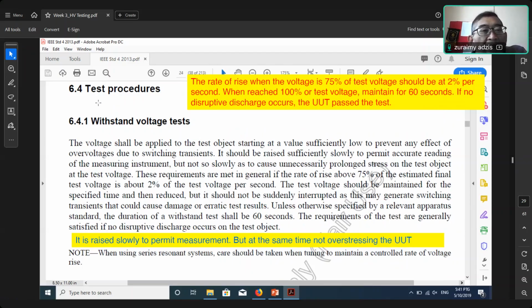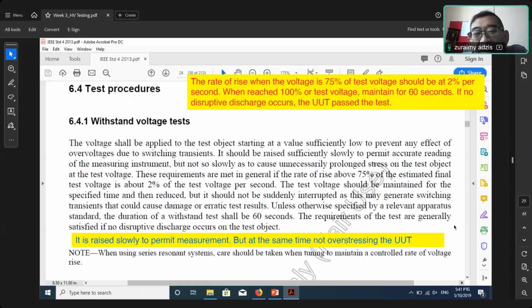The first one is a withstand voltage test. You have to control how you raise the voltage, and then you apply the voltage to the insulation for a period of 60 seconds. If it doesn't discharge during the 60 seconds, it means that it can withstand the voltage, right?